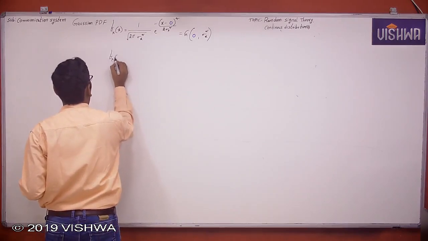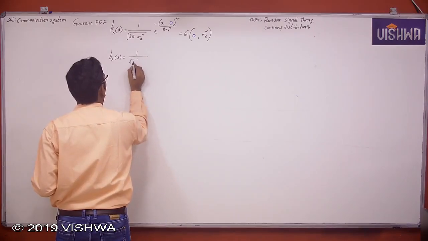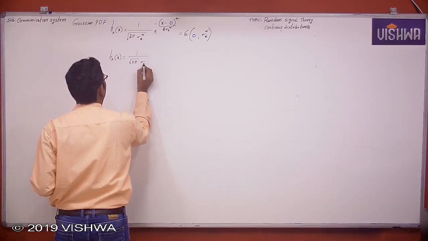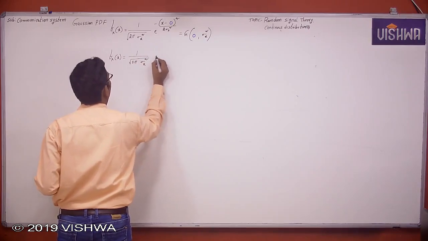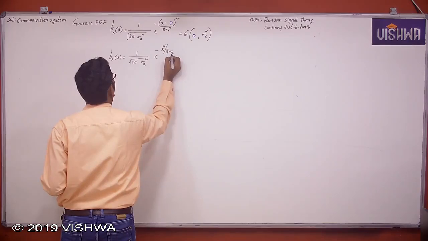Now f of x is equal to 1 divided by root 2 pi sigma x square, e power minus x square by 2 sigma x square.